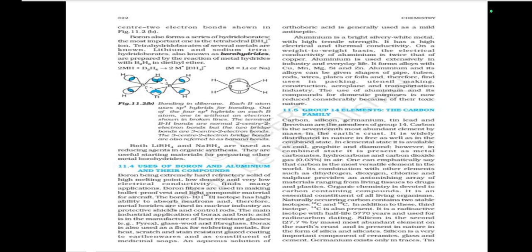Silicon is the second most abundant element in the Earth's crust, at 27.7% by mass, and is present in nature in the form of silica and silicates. Silicon is a very important component of ceramics, glass, and cement. Germanium exists only in traces.